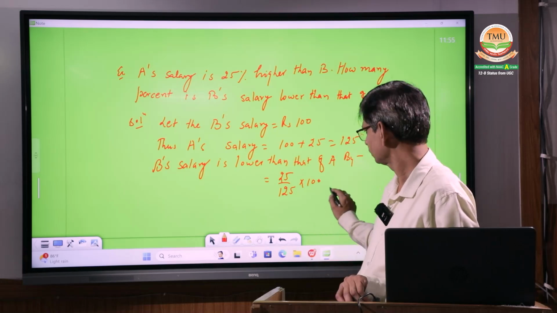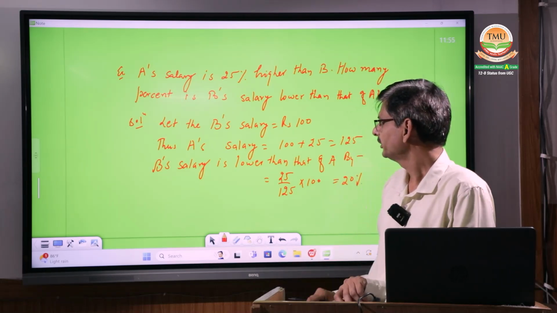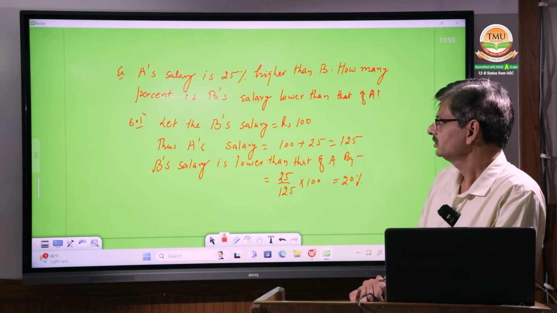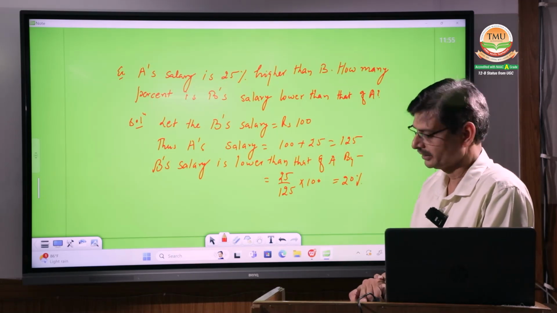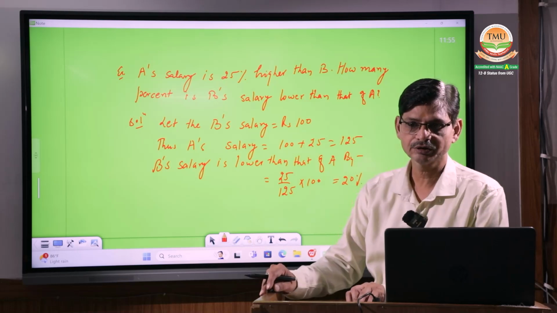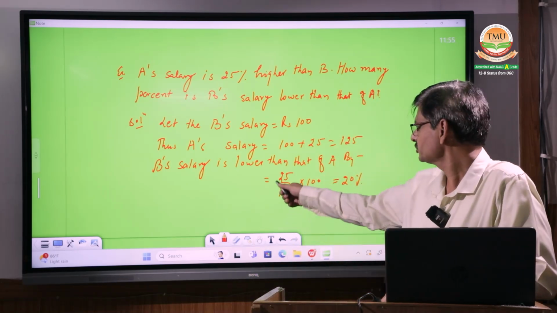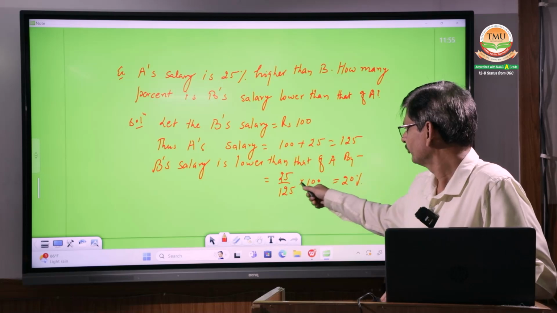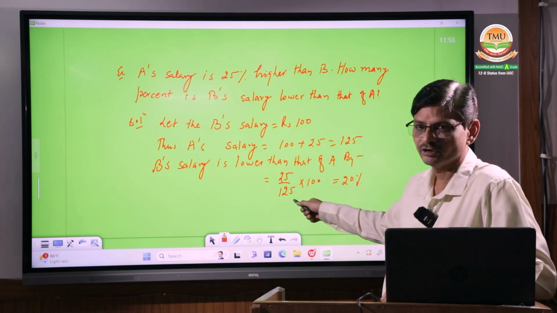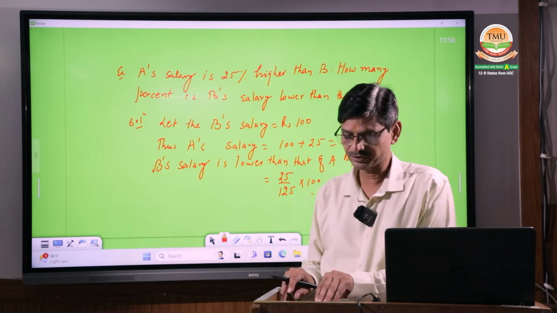This will be 20%. Let the B salary be rupees 100, and thus A salary will be 100 plus 25, that is 125, and B salary is lower than that of A by 25 upon 125 into 100, which will be 20%.